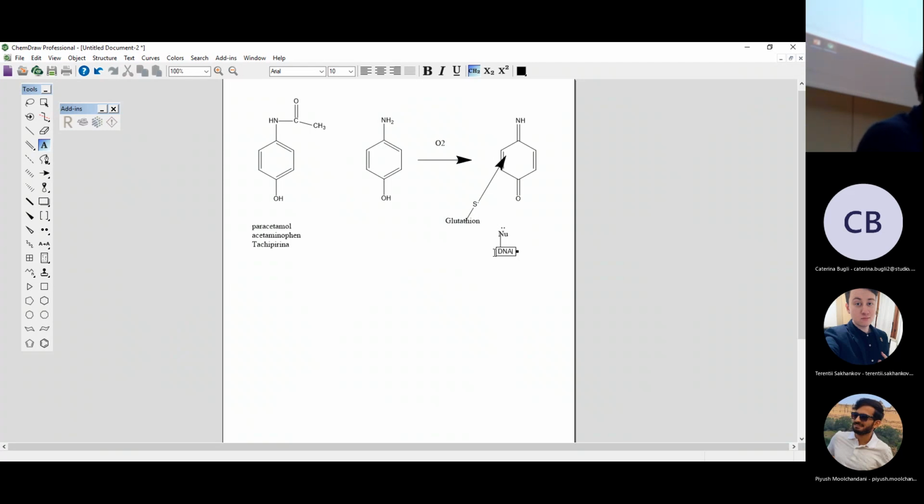This compound was discovered by a mistake. Once again, in the 50s, there was another drug used instead of paracetamol.